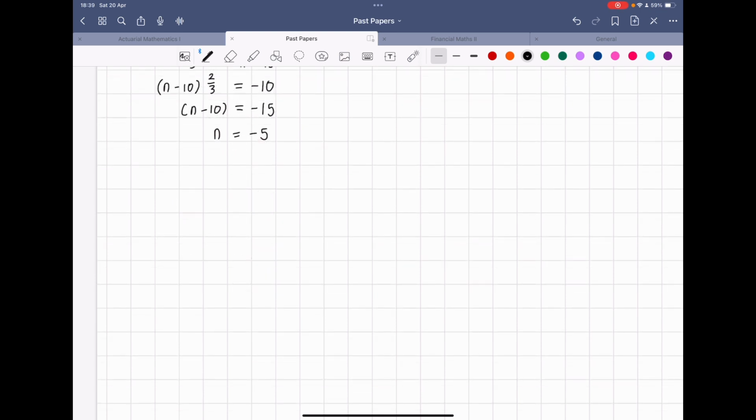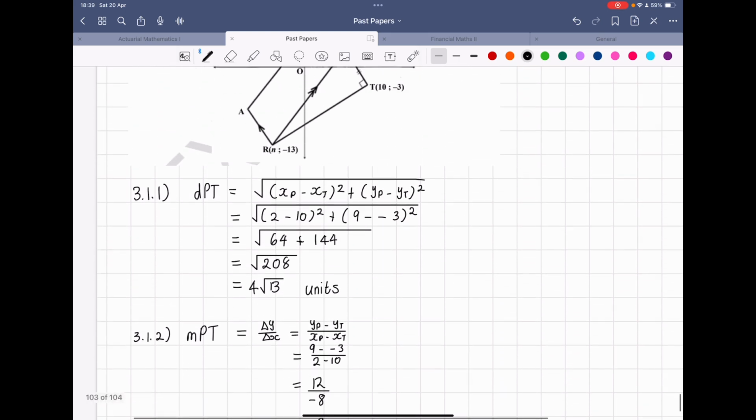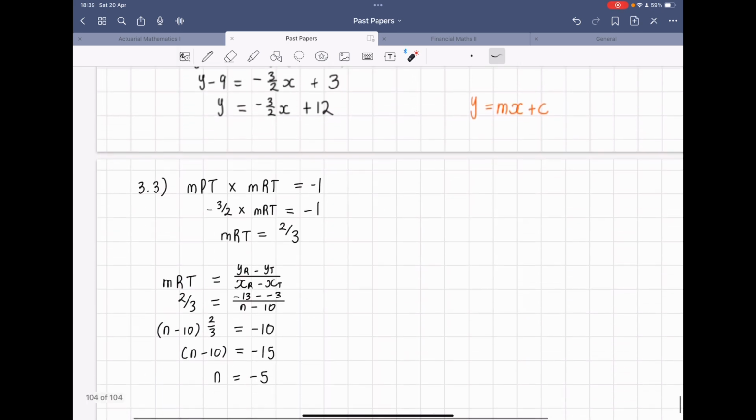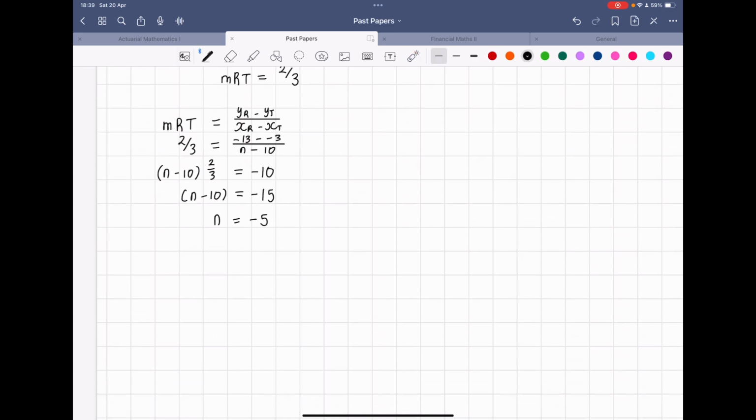Then the last question, calculate the area of triangle RMT. So that's this one. This is 3.4 and we want the area of RMT.